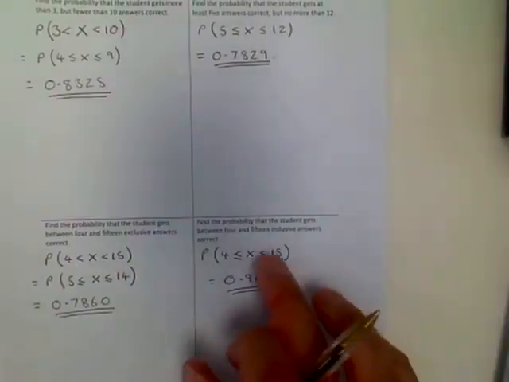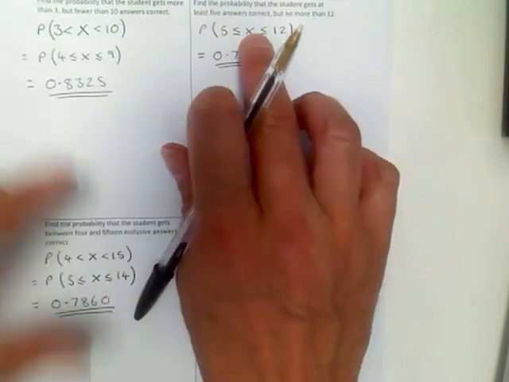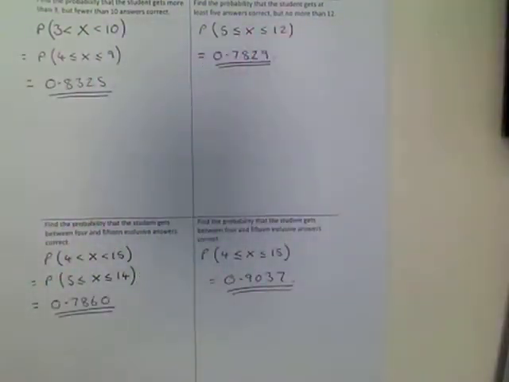Okay, so once you've got that statement correct with the limits right, this becomes very, very straightforward, and using BCD on the calculator should be second nature. Okay, hope that was helpful.